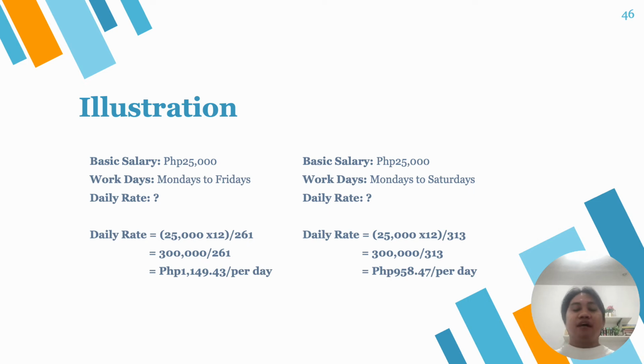So while the two employees have the same fixed salary of 25,000 per month, the one working from Mondays to Fridays will benefit more when there is overtime pay or holiday pay, because he or she is paid at a much higher daily rate as compared to someone who works Mondays to Saturdays. Right.